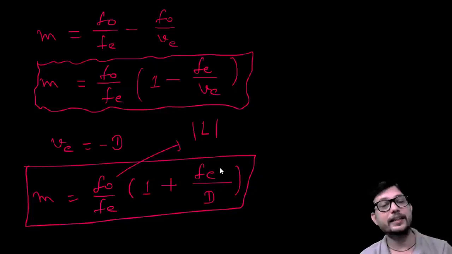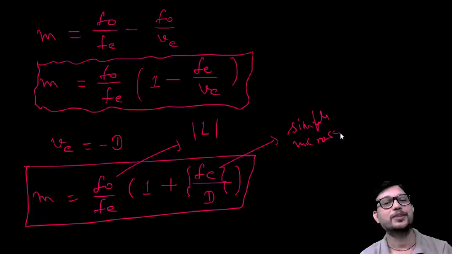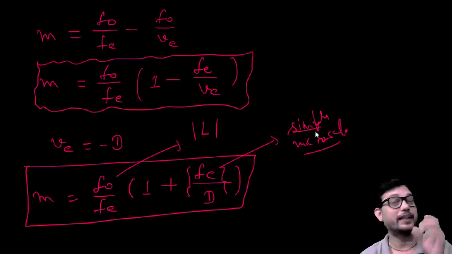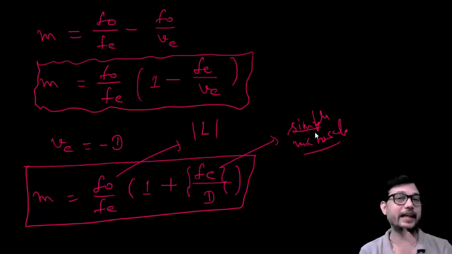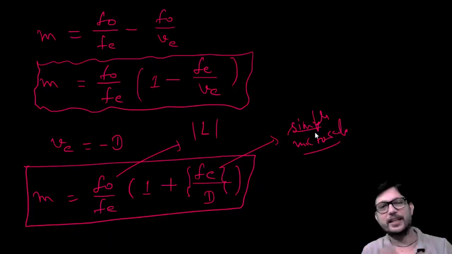And why do we neglect this term? You can see this in your simple microscope. In a simple microscope, you can easily see that when the final image is at infinity, then F over D can be neglected.